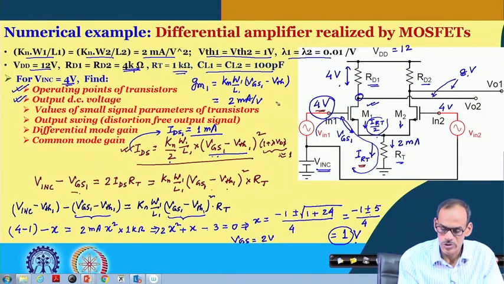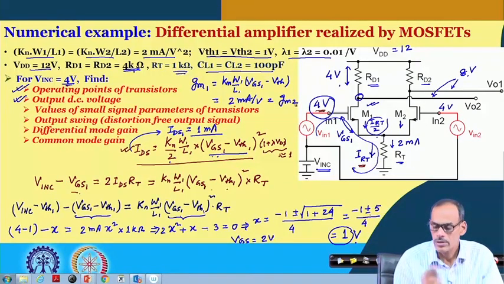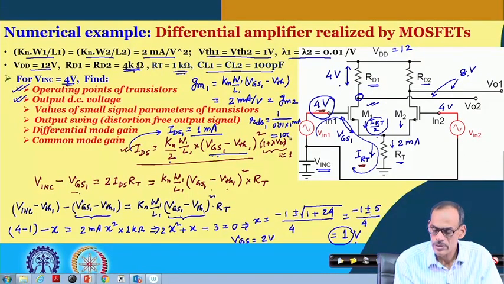Same thing for gm2 also. And RDS, both RDS1 and RDS2, is equal to 1 by lambda times IDS, that is 0.01 into 1 milliampere. In fact, that gives us 100 kilo ohm.